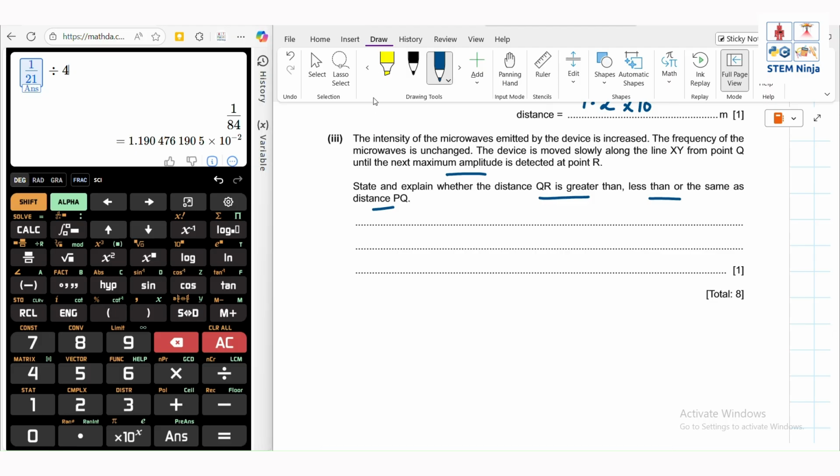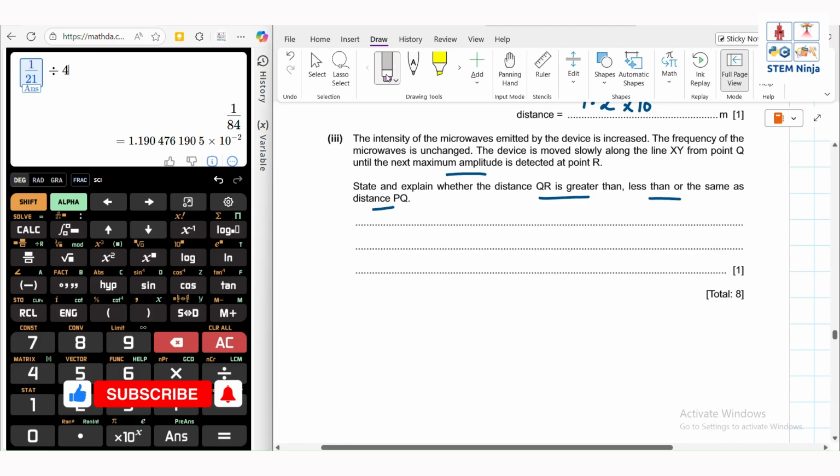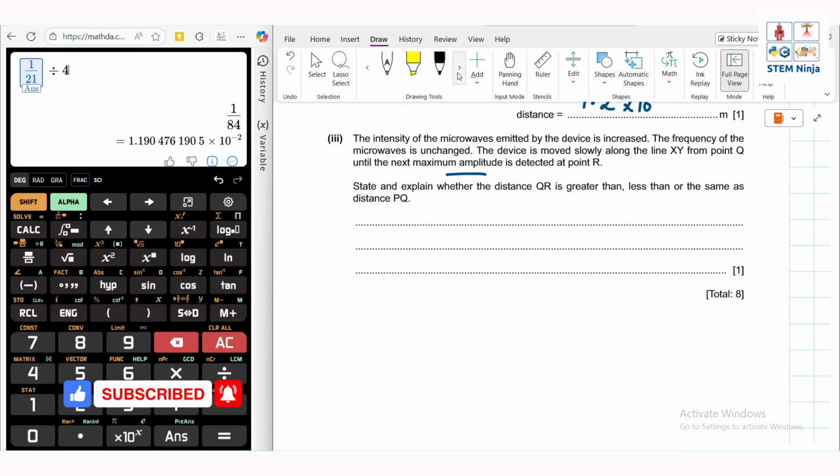This is easy since neither the wavelength nor the frequency is changing, so the distance QR would remain the same.